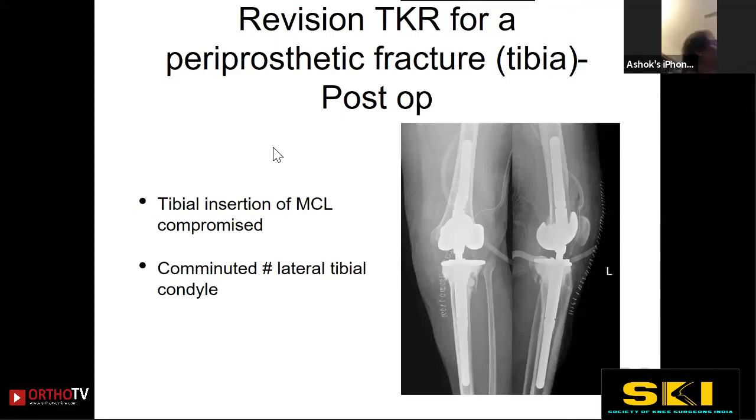And one of the things that we use a lot of, when we do use long stems in difficult revisions, is an offset stem. And I don't know how many in the panel use it, but we are great lovers and advocates of the offset stem. For one thing, you can actually posteriorize your femoral component using the same size. You don't necessarily need to upsize it by using the offset in the opposite direction.